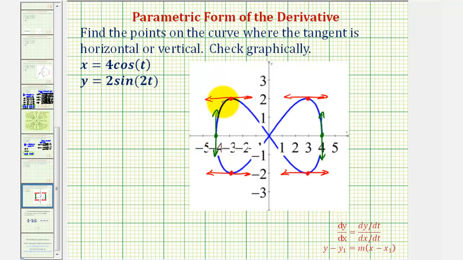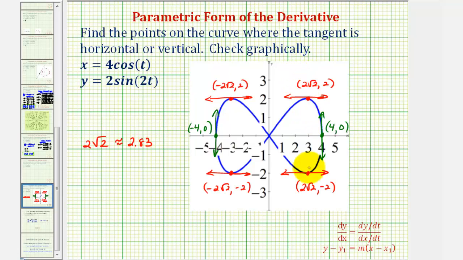So this graph does verify our work. Let's go ahead and label the coordinates. And just in case you're wondering, 2 square root 2 is approximately 2.83, or a little less than 3, as we see here on the graph from the points that we plotted.